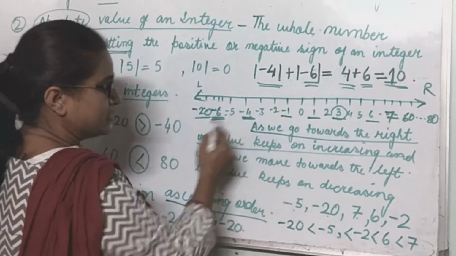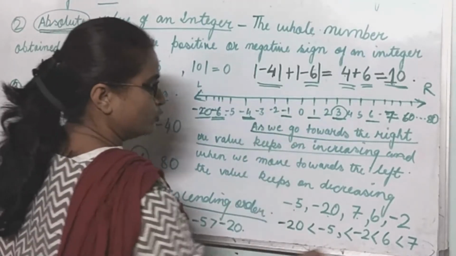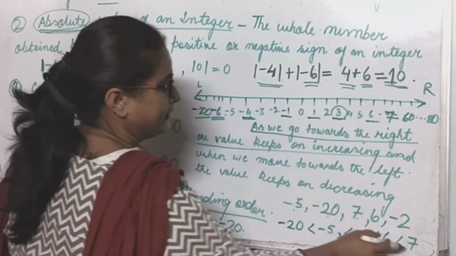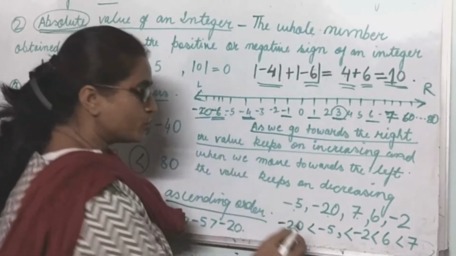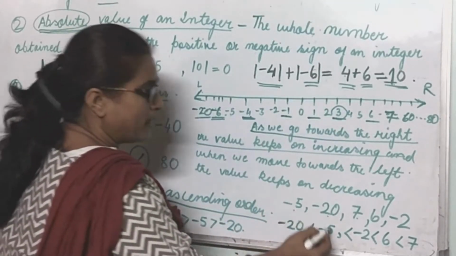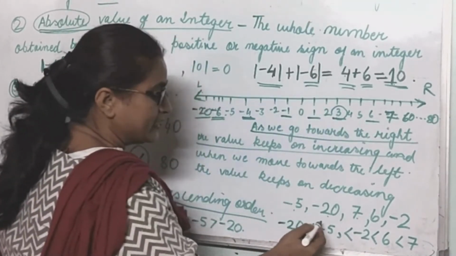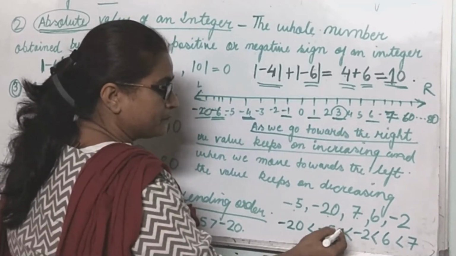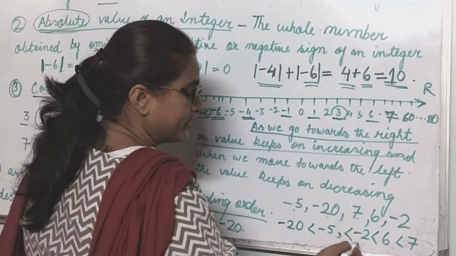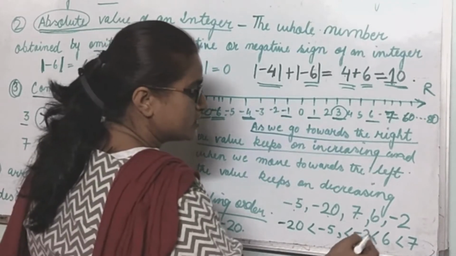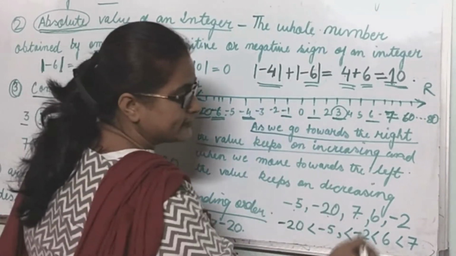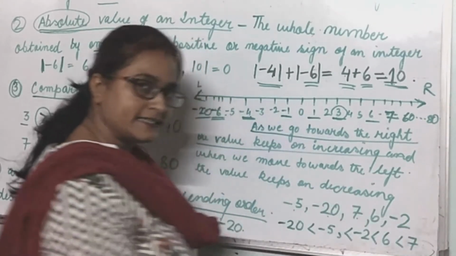Then comes minus 5, then minus 2, then 6, and then 7. So minus 20 is smaller than minus 5, minus 5 is smaller than minus 2, minus 2 is smaller than 6, and 6 is smaller than 7.